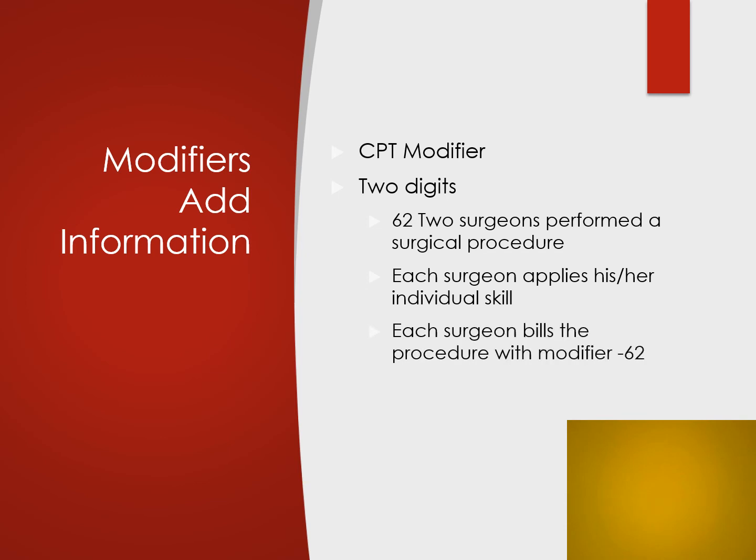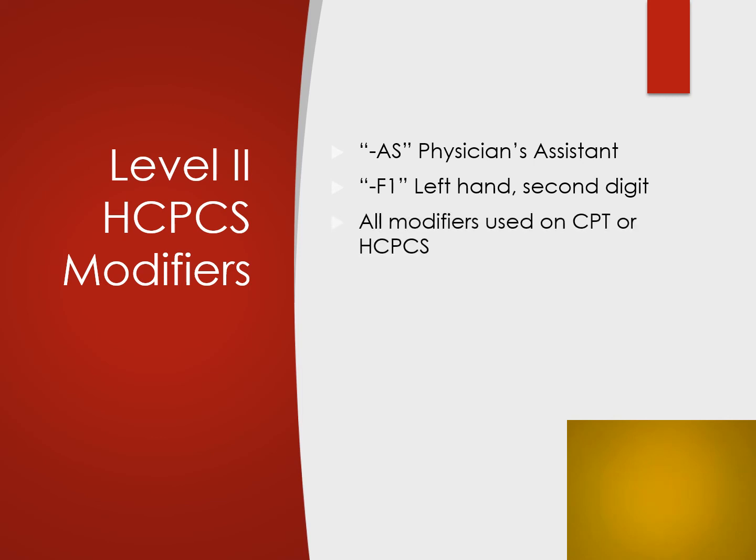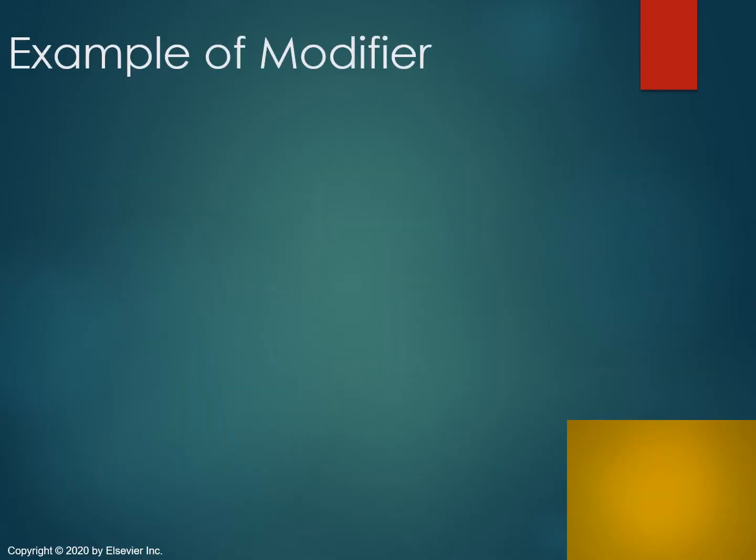And each surgeon will bill the same procedure code with the modifier 62. Level 2 HCPCS modifiers, 8S, physician assistant. And these are HCPCS. You'll notice how they start with a letter. F1 is left hand second digit. All modifiers used on CPT or HCPCS.